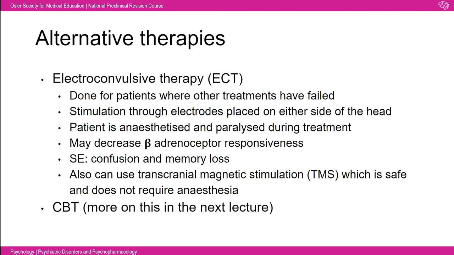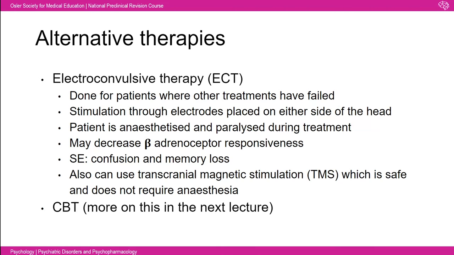That's not really what happens anymore. They don't really know how it works. They think it decreases beta adrenoreceptor responses, but they don't really know. The side effects can be confusion and memory loss when they wake up afterwards, but those tend to be regained. It's generally perceived quite poorly by the public, but it can be really effective and life-changing for the patients that do have it.